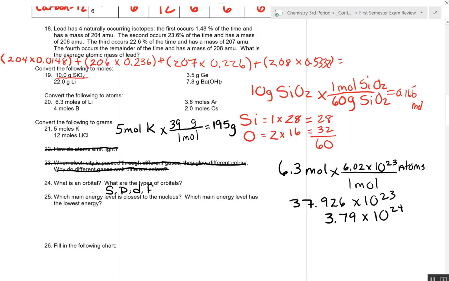So, which energy level is closest to the nucleus? 1. Which main energy level has the lowest energy? That doesn't make sense, but it's the S. That's a weird question there.